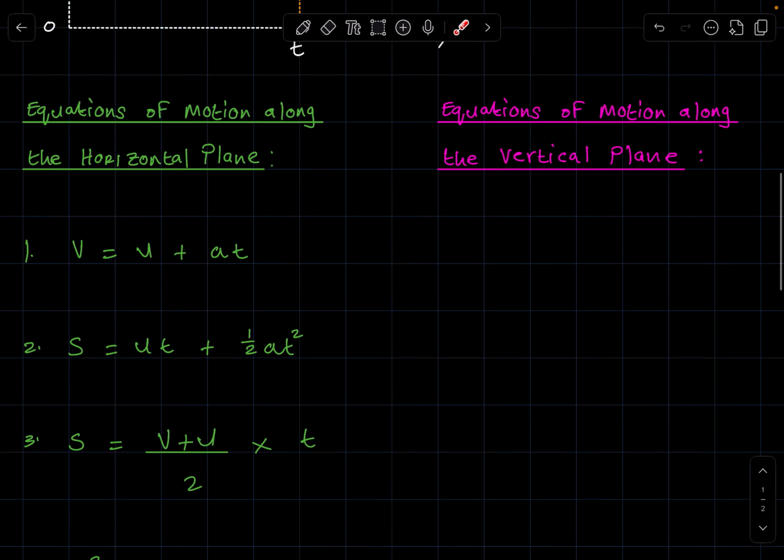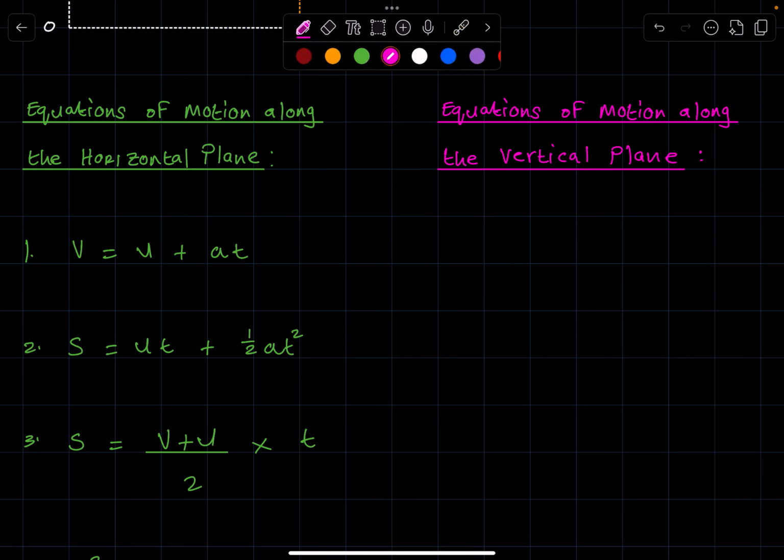Now let us see how we express the equations of motion when the object is moving along the vertical plane. So if the object is either thrown into the air, or it is free falling from the top going to the ground.